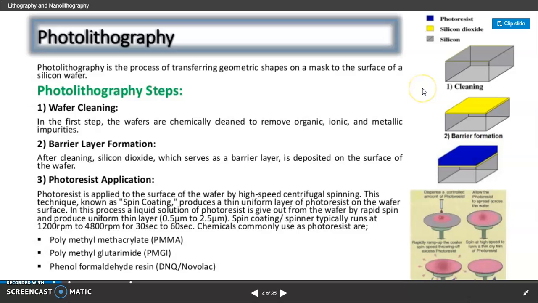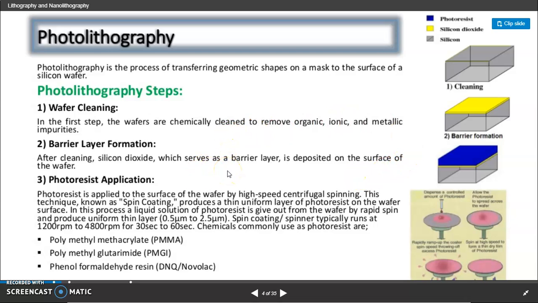After cleaning the initial silicon, we put silicon dioxide, which serves as a barrier layer. It is deposited on the surface of the wafer.